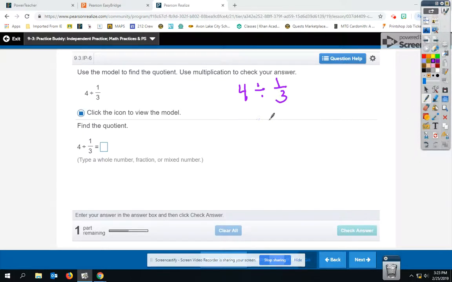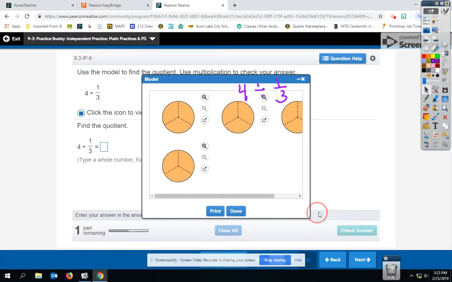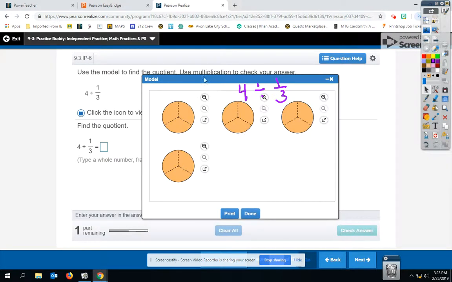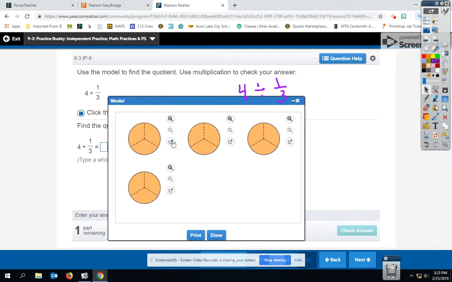I can do this in a couple of different ways. We're going to use these icons here, the model, to help us out. As I look at the model, here's my 4 wholes. There's 1, 2, 3, 4. Each of them is broken up into thirds. So there's 3/3 there, 3/3 there, 3/3 there, and 3/3 there.